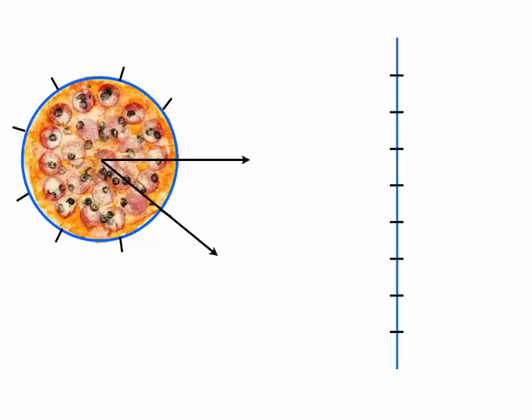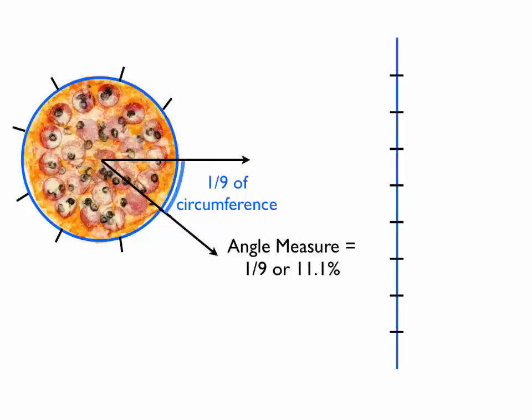Good. This is a really important principle because what we just did is we figured out what 1/9 of the circumference was. This pizza cutter is going to cut a piece of pizza that's 1/9 of the pizza, but it's based on 1/9 of the circumference. So we're going to call this angle measure 1/9, or as a percent, 11.11%.